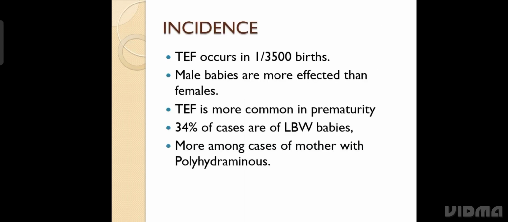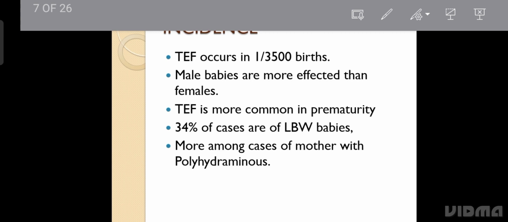Now we will see the incidence. TEF occurs in 1 out of 3,500 babies, and male babies are more prone to get it as compared to female. TEF is more common in prematurity, and 34% of cases are low birth weight babies.